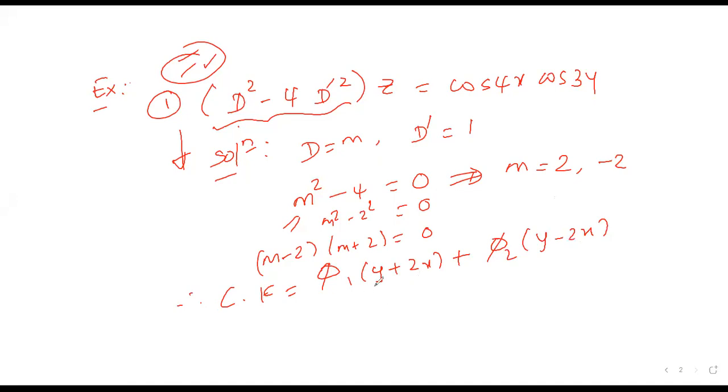After taking phi 1 and phi 2, you have to mention what they are: phi 1 and phi 2 are arbitrary functions. So I hope you have written the complementary function.